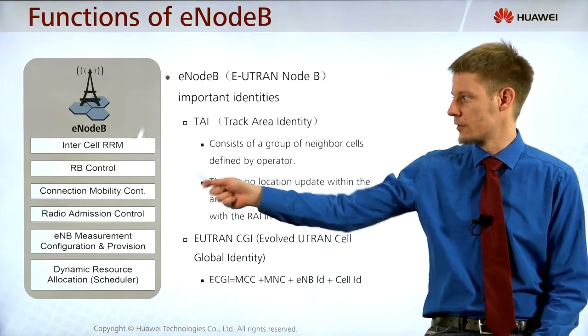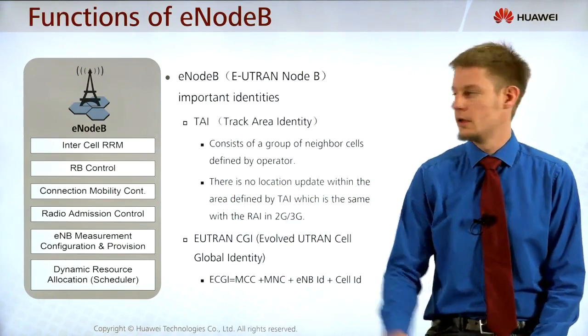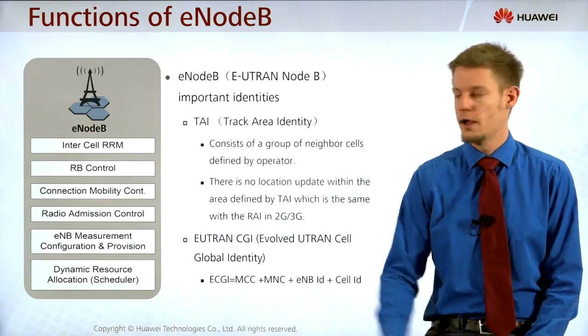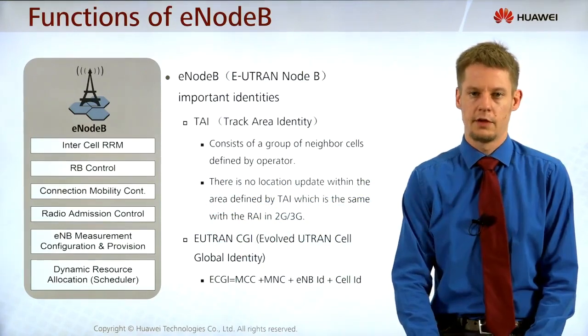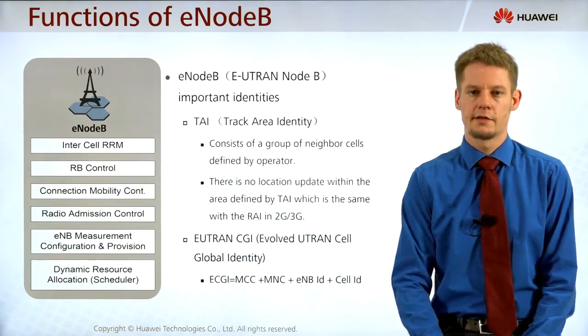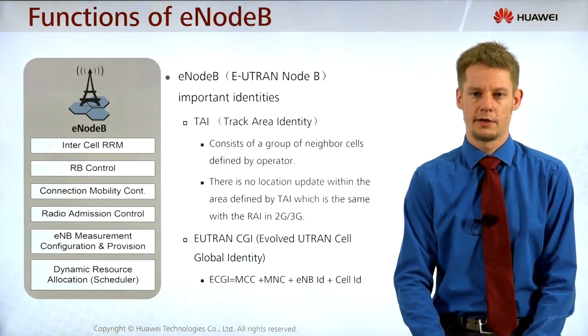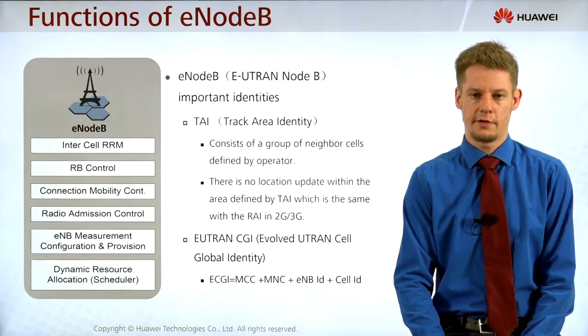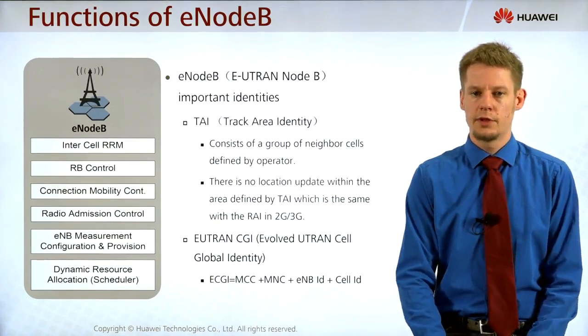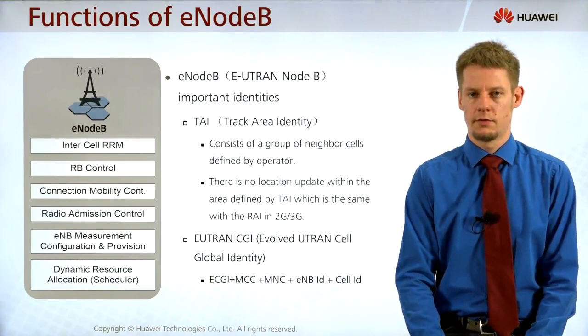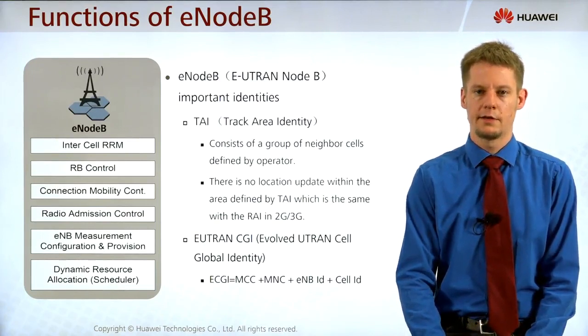So for example, the radio resource management, the radio bearer control, and the mobility management. All three things are done together with the MME, the mobility management entity, because the MME is always overruling in this case. The eNode B has two very important identities.